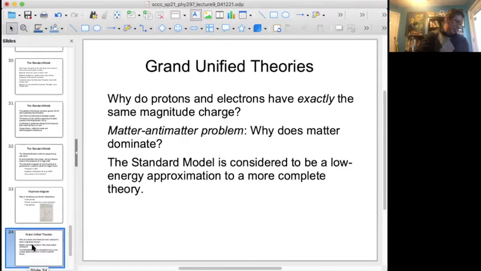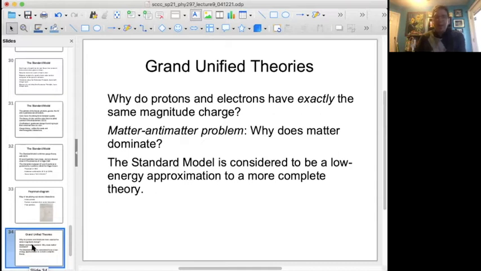So unified theories have been developed to try to explain what goes on in these high energy interactions, but there are still some significant unanswered questions. Why do protons and electrons have exactly the same magnitude charge? Why does matter dominate over antimatter?